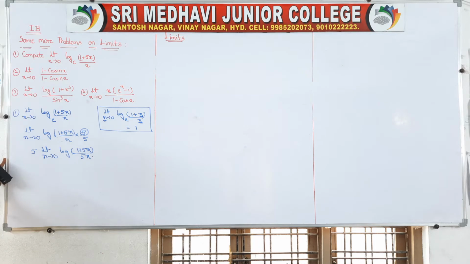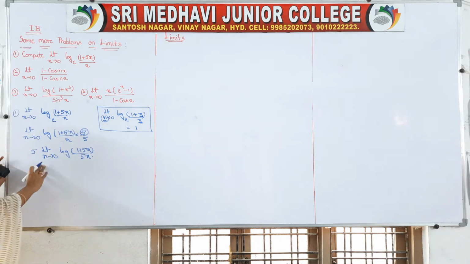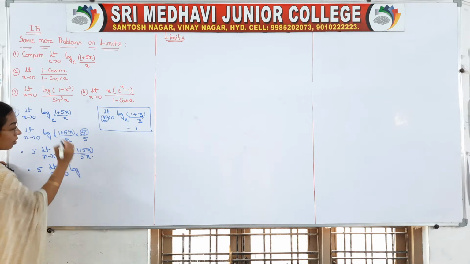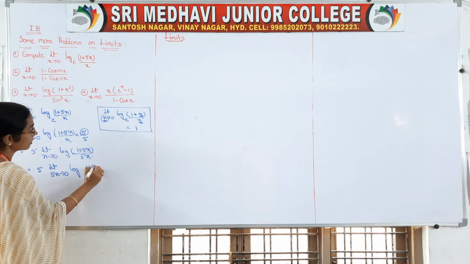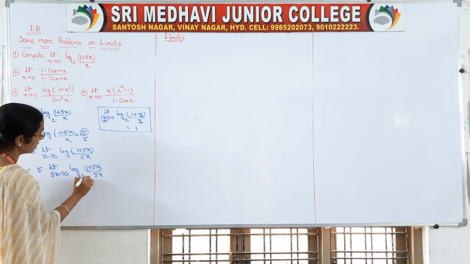And what I said, this also must be the same, right? If x tends to 0, something into 0 is 0 only. So we can write 5x tends to 0, then also it makes no difference, right? So we can write this as limit 5x tends to 0 of log of 1 plus 5x by 5x, base e.